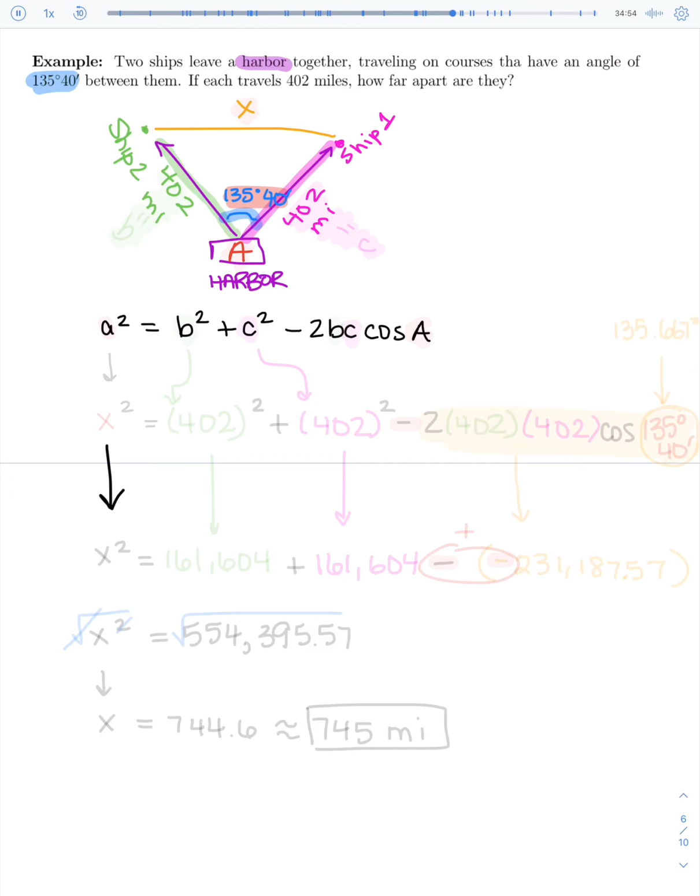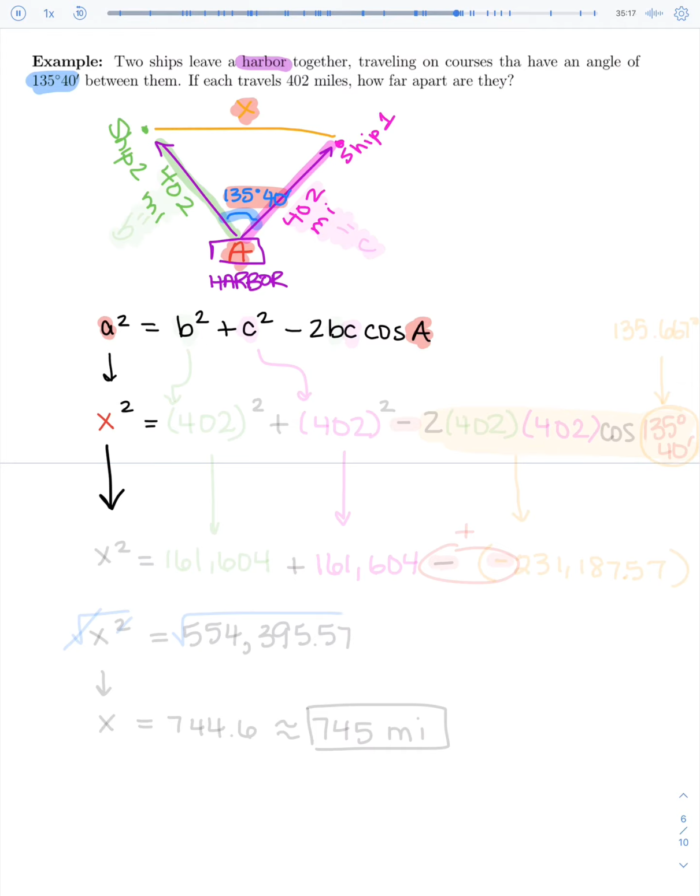That's the 135, which means that the side that we're looking for is the one that I'm calling X. So I'm going to fill that in, instead of A, I'm actually using X on my picture, and that is squared according to the formula.